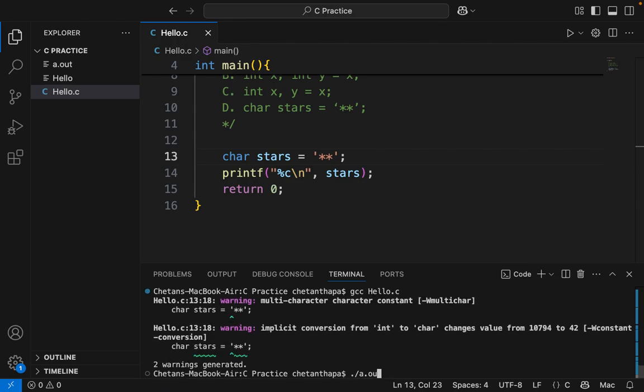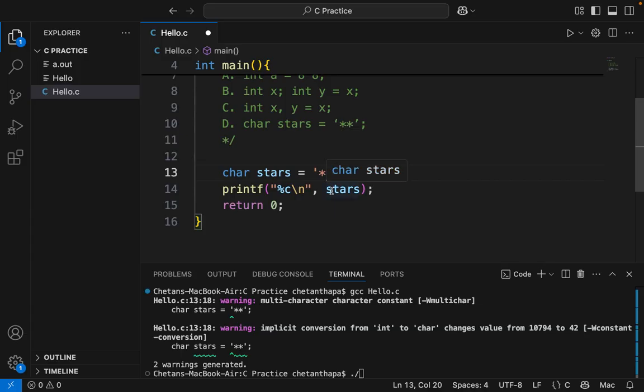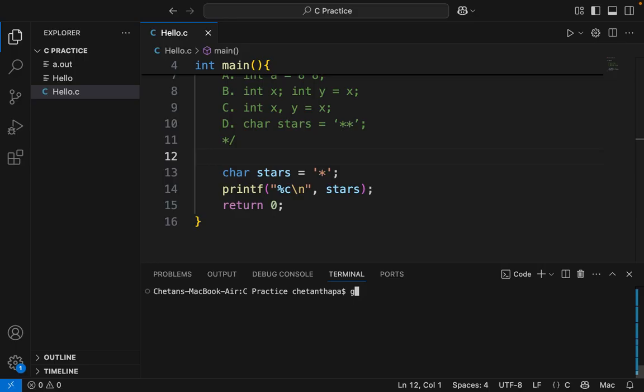Now it is throwing an error: implicit conversion from int to char. The problem is that if you are assigning something to the char data type, it should only have a single character. But if you keep a single character, save, and run the code.